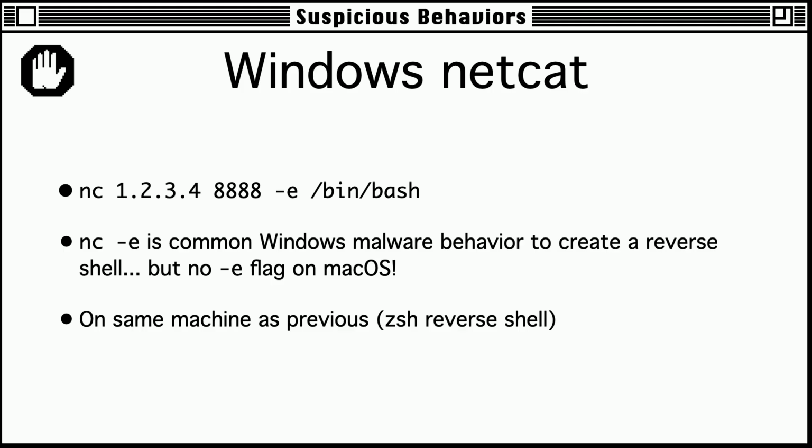That -e flag is a Windows thing that malware often uses. It's another way of establishing a reverse shell, where you're executing bash and giving a remote machine access to bash. So kind of interesting there. I learned something with this one. I didn't know that you could do that.